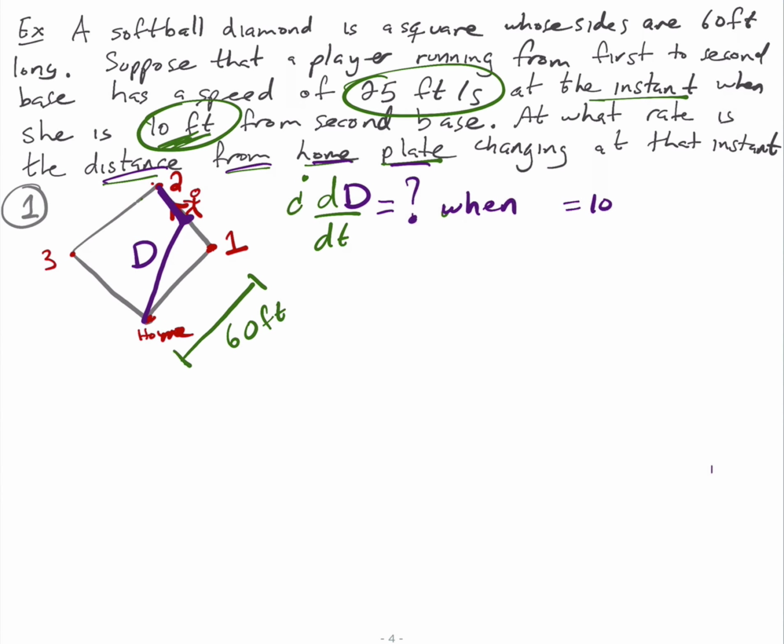So this line right here, this distance, give me a letter. Y. Okay. So this is Y, which is changing, right? This quantity is changing. The distance of the player to second base. But now I can say, okay, well, at the moment when Y equals 10, right? So if you're ever missing a variable, well, then just stick it in there, and you can pick whatever letter you want. It's no big deal.